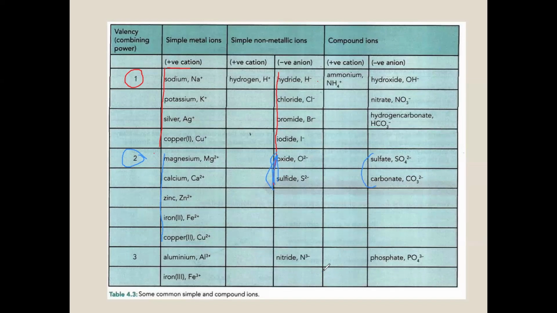This table is very important, so you can put it somewhere in front of you all the time. So once you try to write a formula, you can see it. Try to depend on your memory to write the formula of the compound.